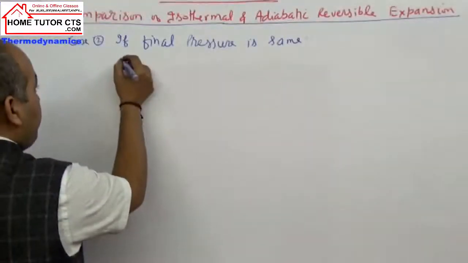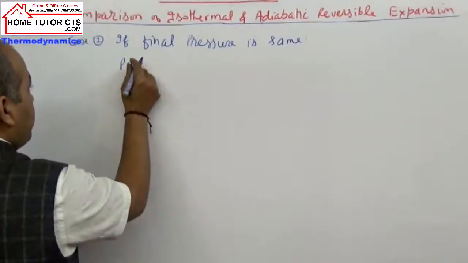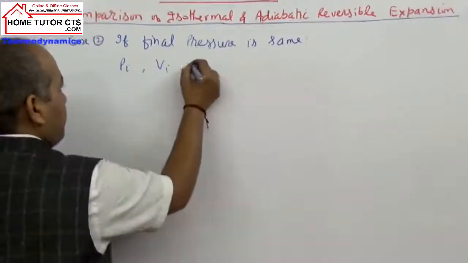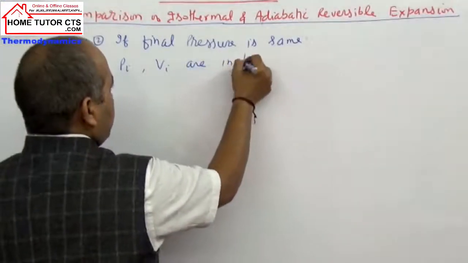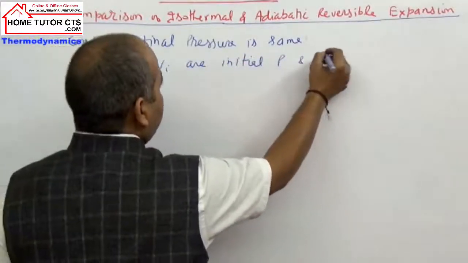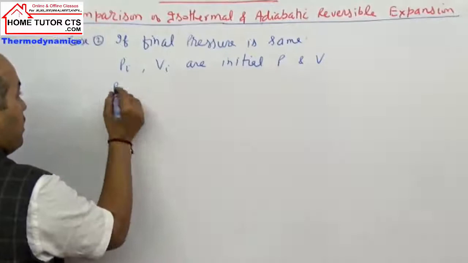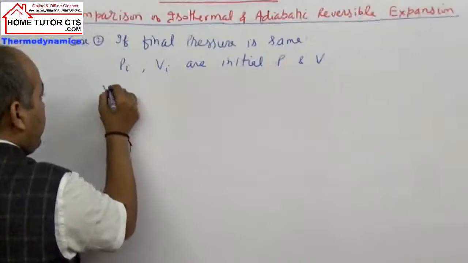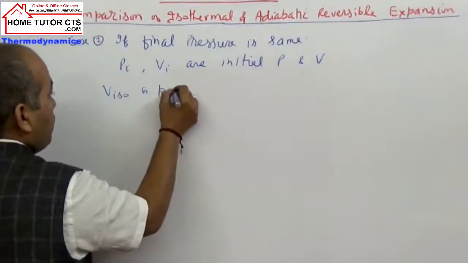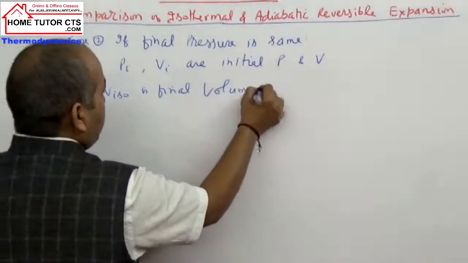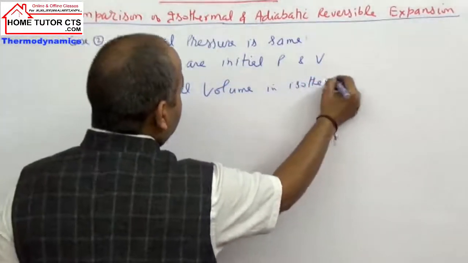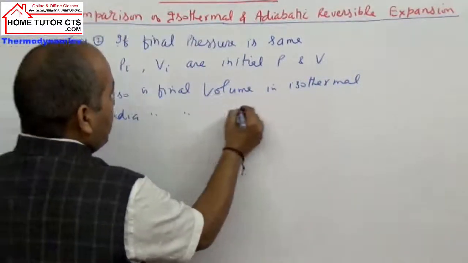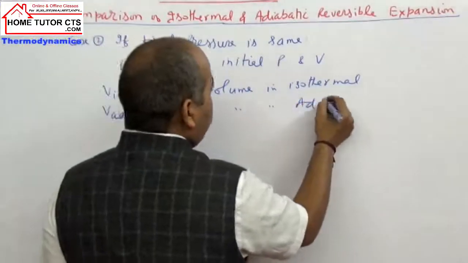Now in this case, initial pressure is Pi and Vi are the initial pressure and volume in both the cases, and if I write P final is the same in both the cases, I can write here V iso is the final volume in isothermal process, whereas V adi I can write here as the final volume in case of adiabatic expansion.